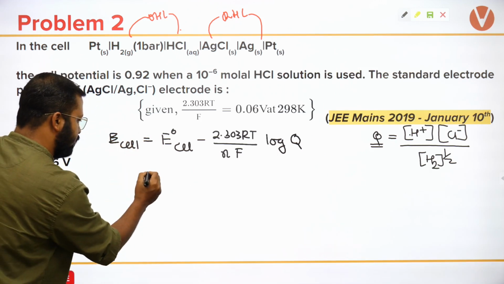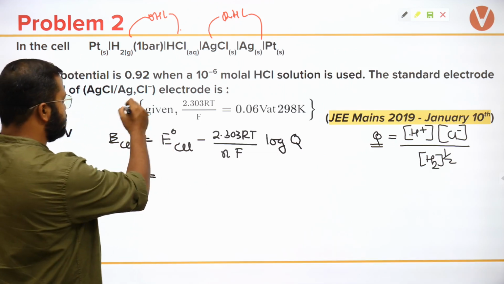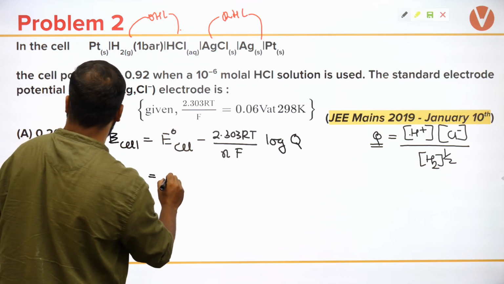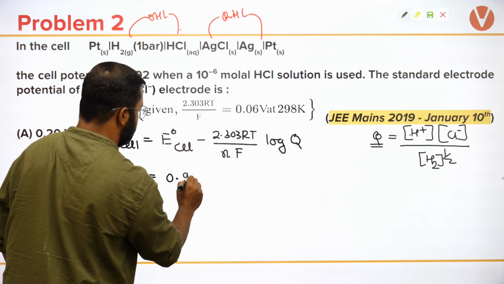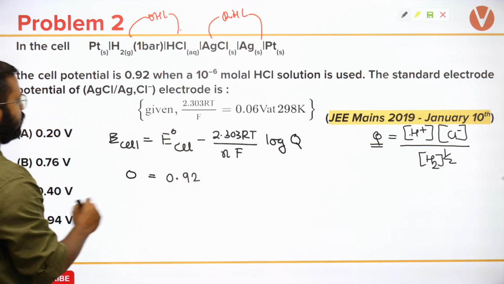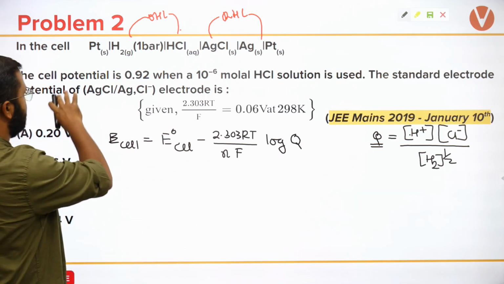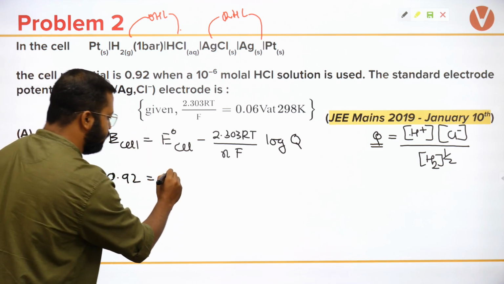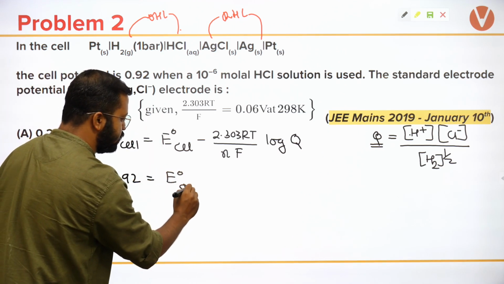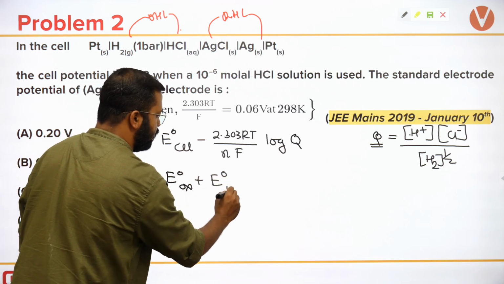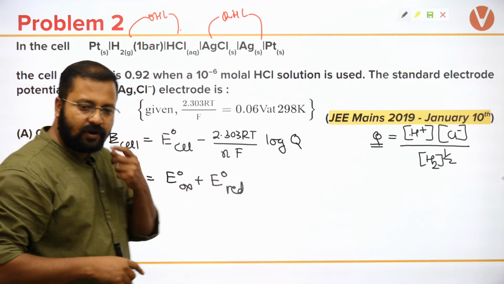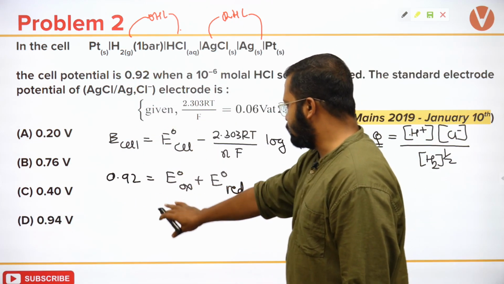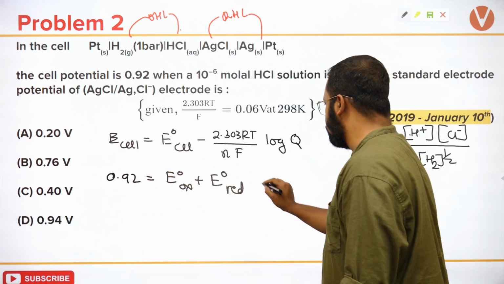So E cell will become equal to 0, and E naught cell is given as, E cell is given as 0.92. E naught cell can be written as E naught for oxidation plus E naught for reduction. I'm sorry, since it is given for E cell, तो reaction equilibrium पे हम नहीं ले रहे हैं. So I'm just gonna write E cell is 0.92, E naught oxidation, E naught reduction.